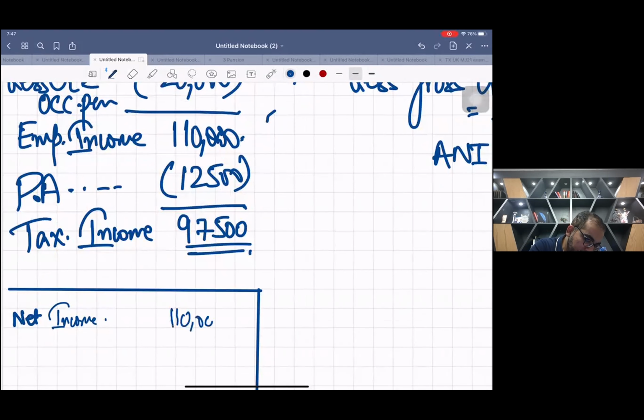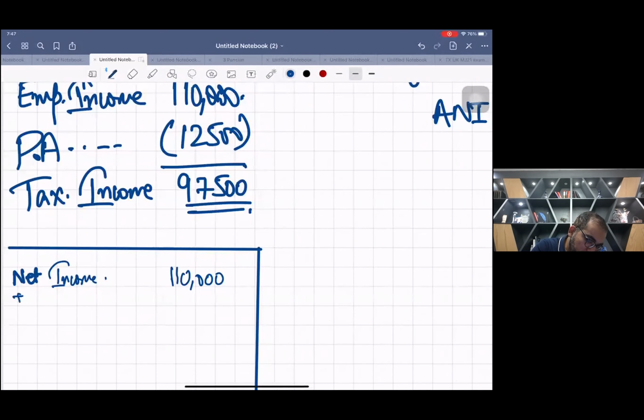Then add employee contribution in occupational pension. It's 20,000 if you have seen the question. Then employer ER contribution in any pension.